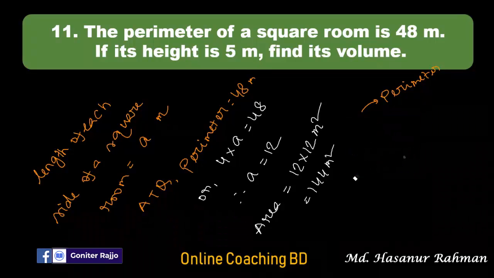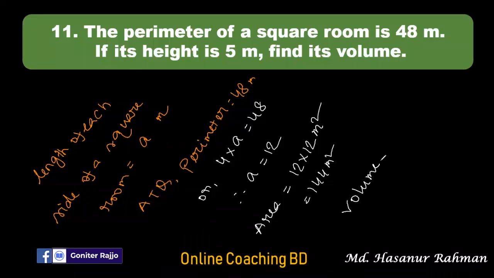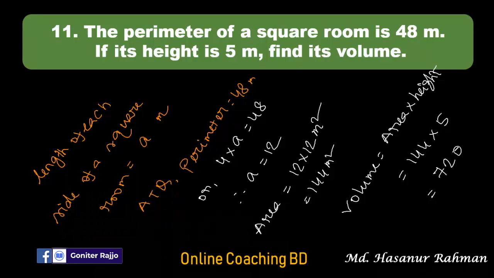Now we have to find out the volume. We already know that volume is area multiplied by height. Here area is 144, height is 5. So if we multiply this 144 by 5, we will get 720 meter cube.